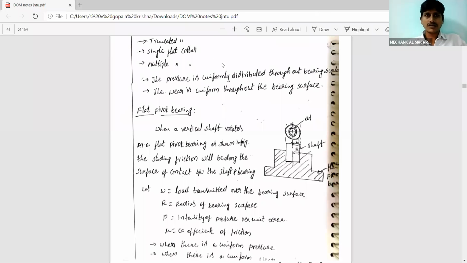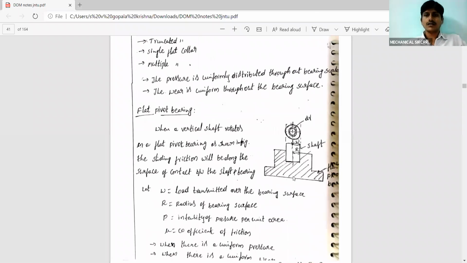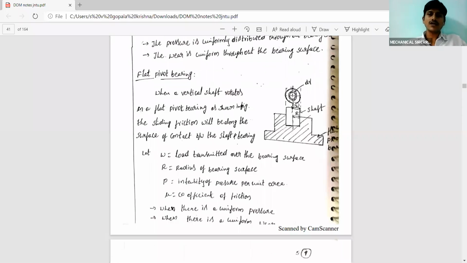It indicates one ring, for finding the total frictional torque on the bearing and the total power lost in friction. They may also calculate it here.